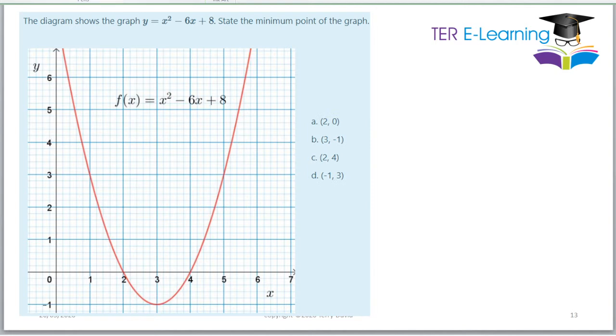Alright, so we have a next question here. It's the same diagram as before, but I want you to state the minimum point of this graph. So what is the minimum point of this graph?